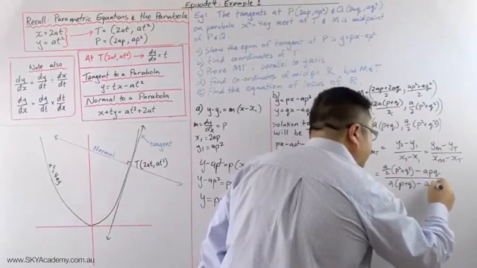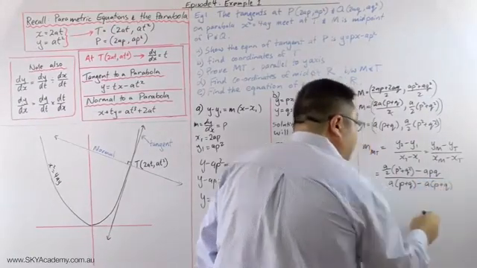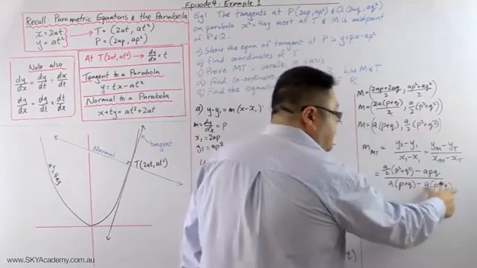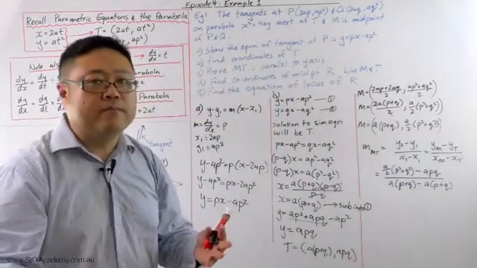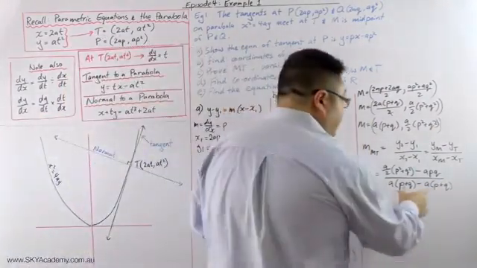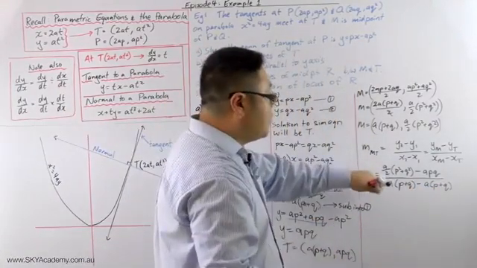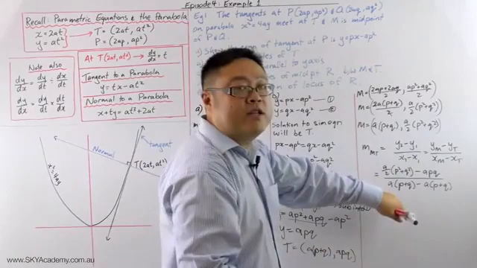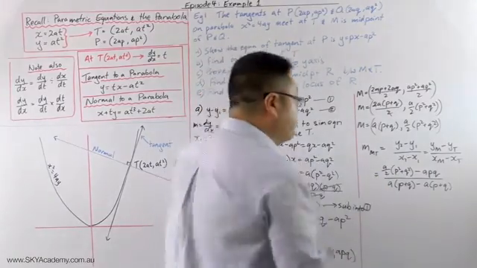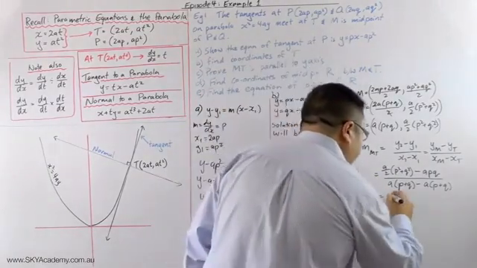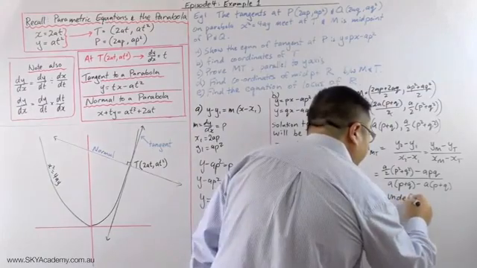If you've got one thing minus the same thing, what does that give you? It gives you 0. So this ends up being equal to 0. But what can you tell me about a gradient where the denominator is 0? Basically it says that the gradient is undefined.